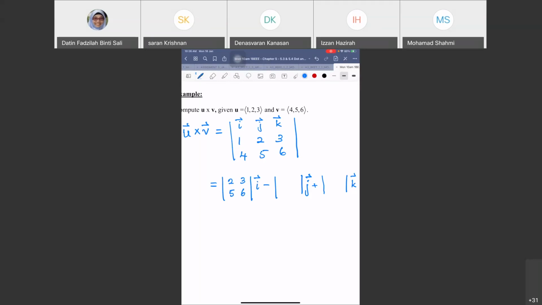And then for the j, you cover the middle column, so look at your 1, 3, 4, 6. And then for the last one, you cover the last column, so you have your 1, 2, 4, 5.